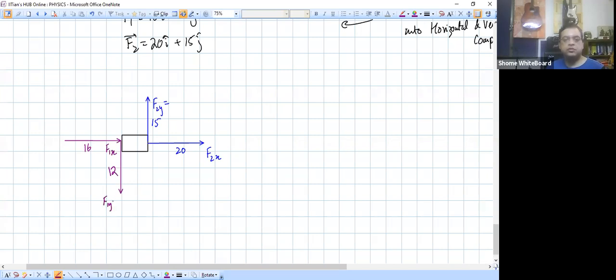Okay. It's minus 12. So the direction is downward, you can see. Okay. And apart from this, there is mg, which is 100 newtons. Okay. And there is a normal reaction which we don't know.